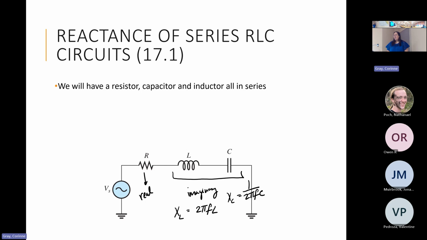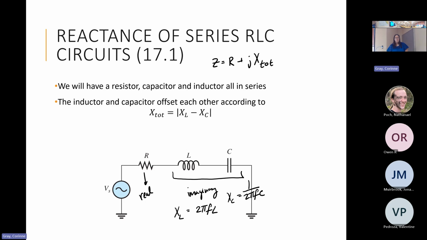So as we explore things today, we're going to be looking at our impedance once again. We'll have our real resistance part, and then something a little bit more complicated, our imaginary portion. But instead of talking about it in terms of XL or XC, we typically see X total, which is going to be the absolute value of XL minus XC.